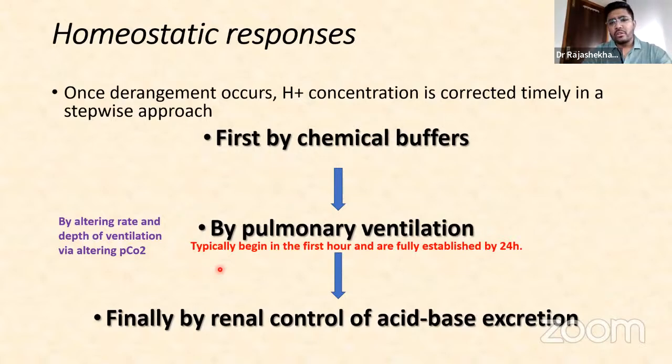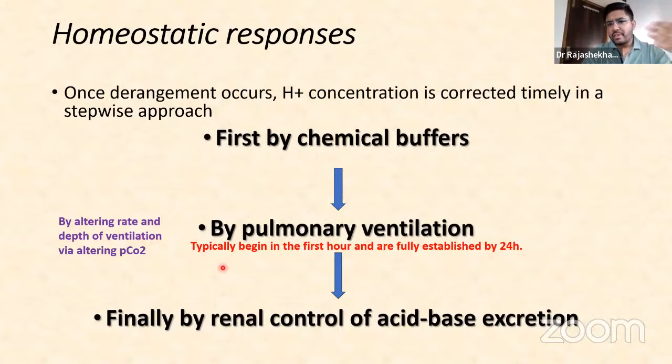It manages this only by altering the rate and depth of ventilation. Unlike the kidney, which has many functions, it can secrete H+, reabsorb bicarbonate, and secrete ammonia. It can do many things to achieve acid-base balance, whereas the lung can do only one thing, either by increasing the respiratory rate or by decreasing the respiratory rate.